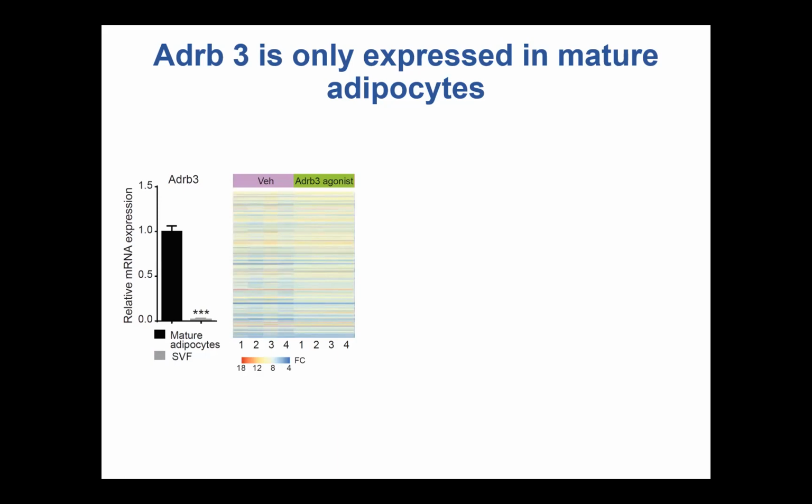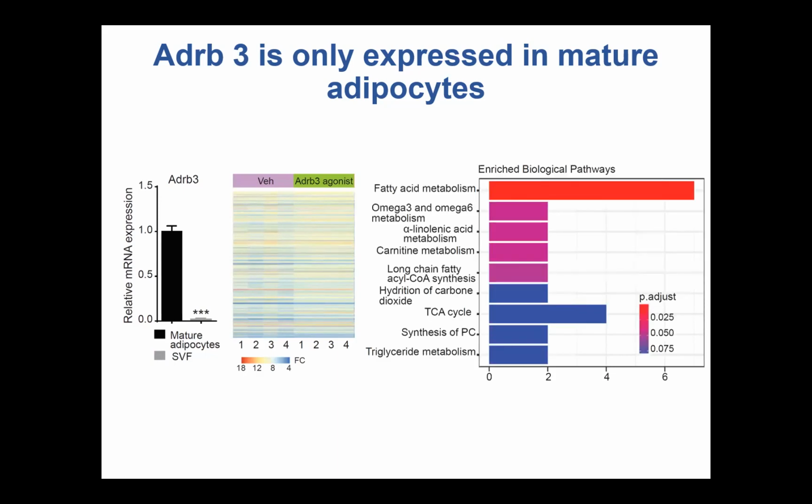We did some gene ontology, and we see that, as expected, major pathways that are induced are associated with fatty acid metabolism. But we noticed that there was an increase of the omega-3, omega-6 metabolism, alpha-linolenic pathway metabolism.